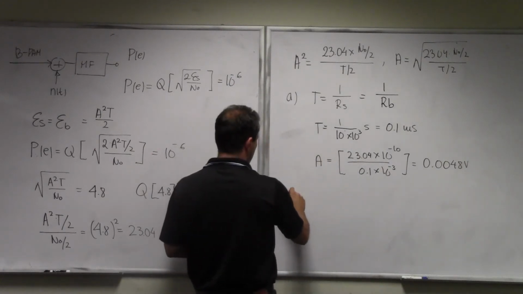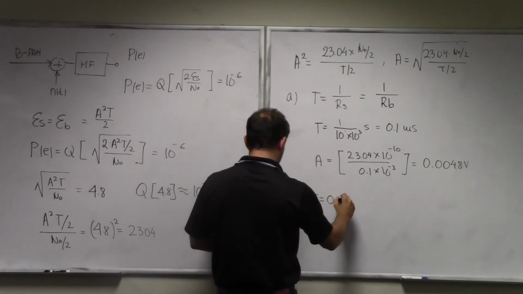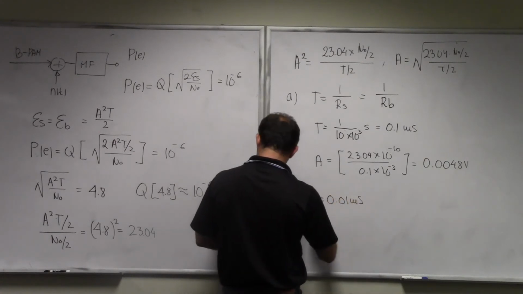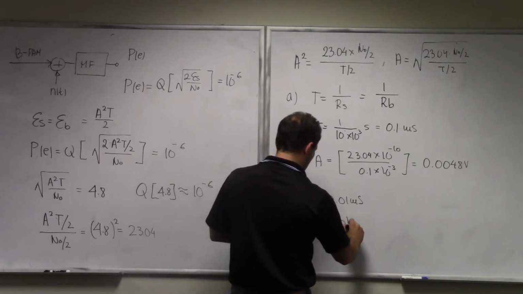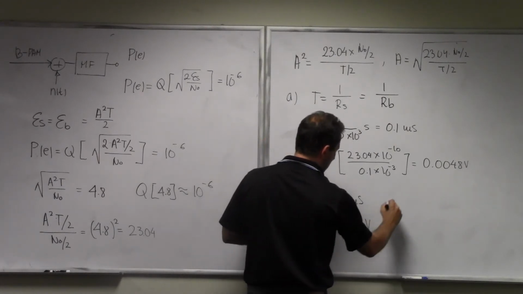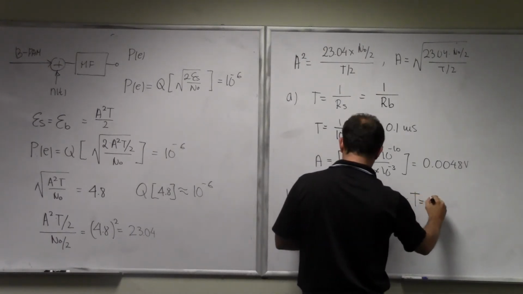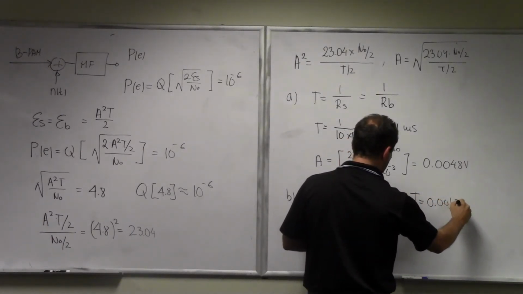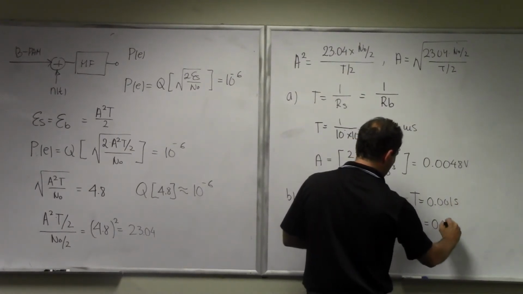And then part B, you get T, which is 0.01 millisecond, and A is equal to 0.0153 volts. And then part C, you get that T is equal to 0.001 second, and A is equal to 0.0484 volts.